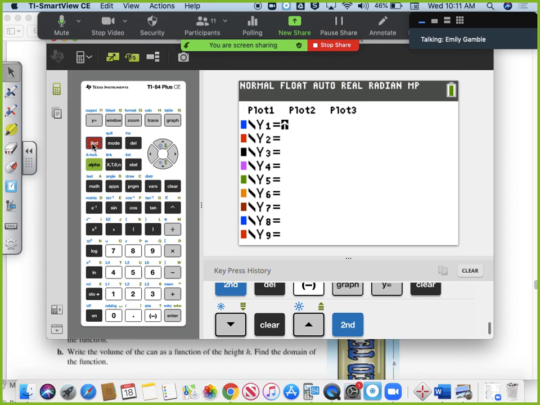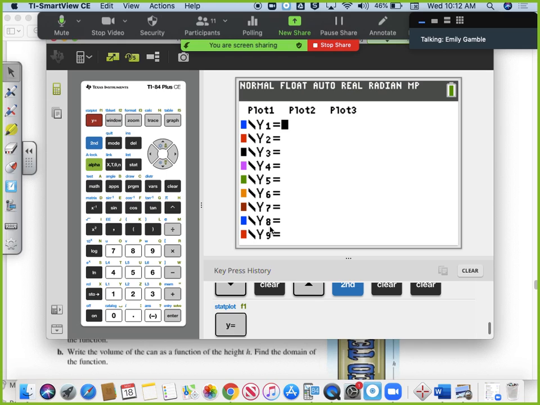To insert a function into your calculator, you should be hitting y equals, and when you hit y equals, you can put in as many different functions as you need. Right now we're just going to put one in at a time. The first function they give us is f of x equals 1 divided by x minus 3.